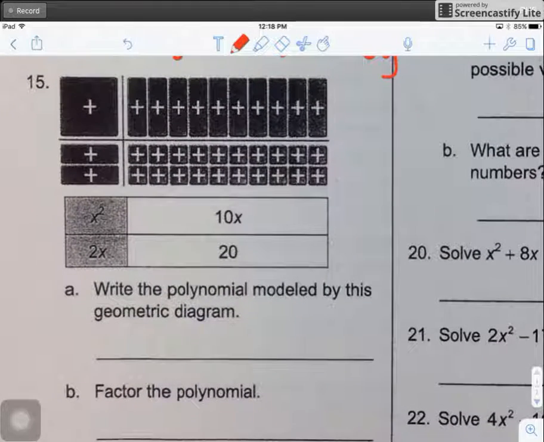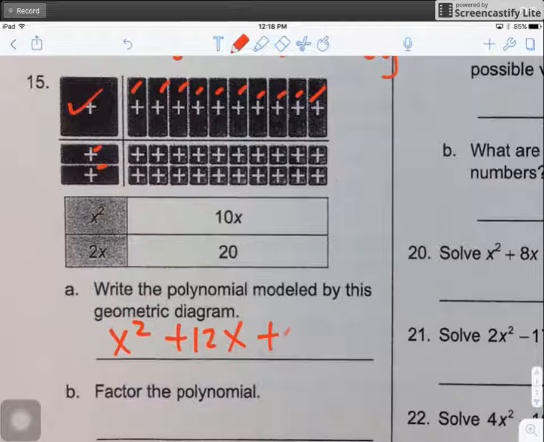And 15 says write the polynomial modeled by this geometric diagram. So we have 1x squared, it looks like, plus 1, 2, 3, 4, 5, 6, 7, 8, 9, 10, 11, 12 x tiles. And then we have, looks like 10 times 2, which is 20 little tiles. So that's plus 20.